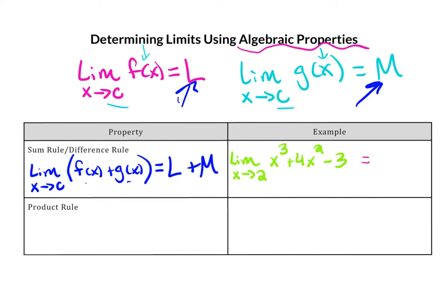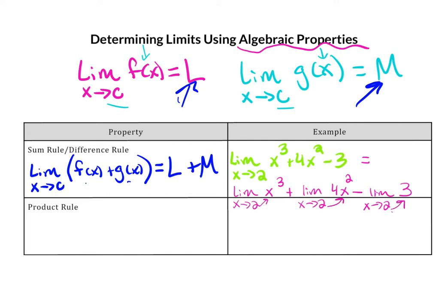That is the same as the limit as x approaches 2 of x to the third, plus the limit as x approaches 2 of 4x squared, minus the limit as x approaches 2 of 3. Okay, so you can just break it apart and look at each one individually. These are all pretty basic functions, so you can find the limit by just direct substitution.